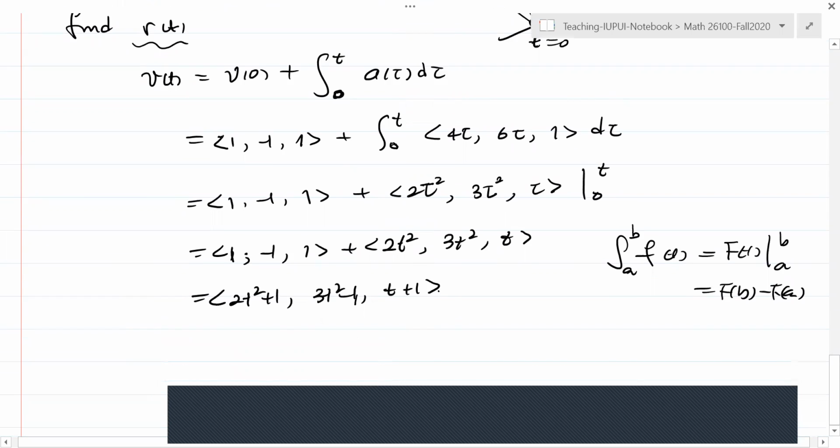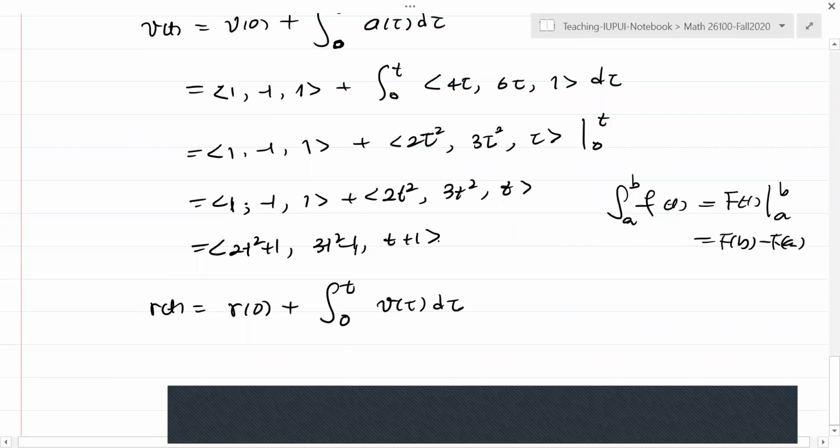All right, so the position vector is going to be the initial vector plus the integral of the velocity. That is the formula.